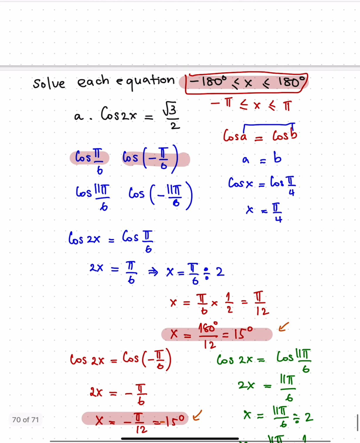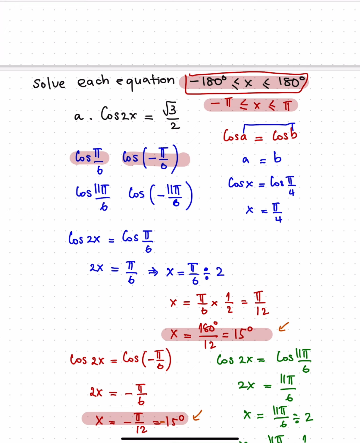I just want to recall why we multiply by 2: we have already been given the domain of x, but in this case we got 2x as the angle, so we have to find the domain for that angle.